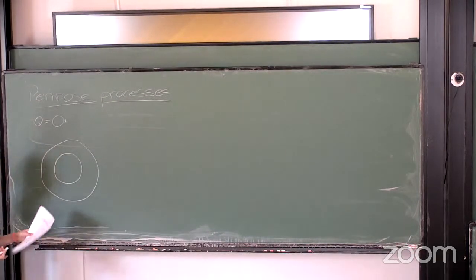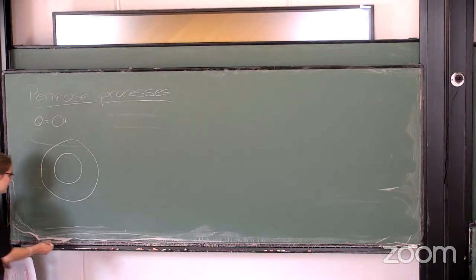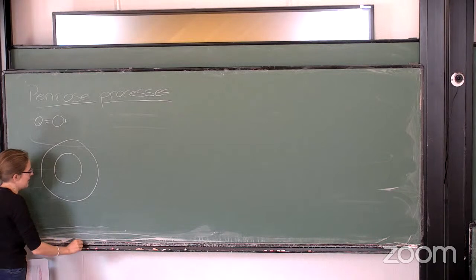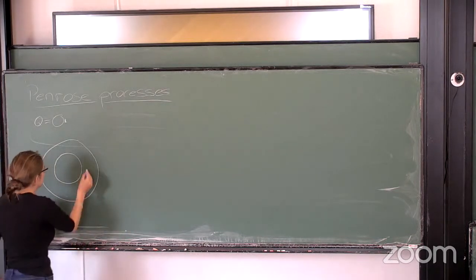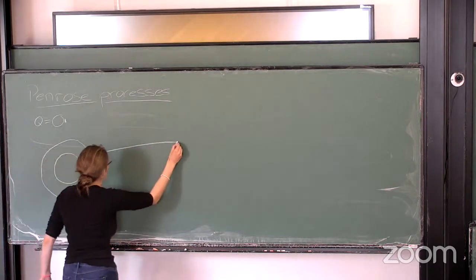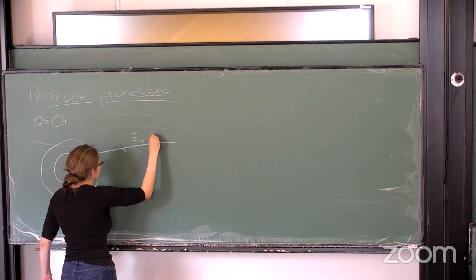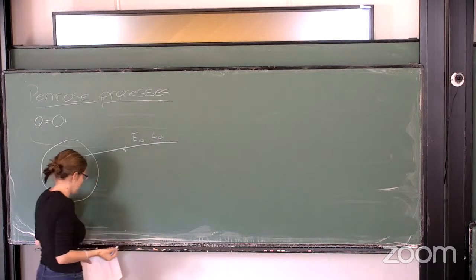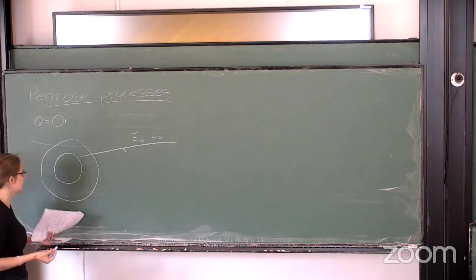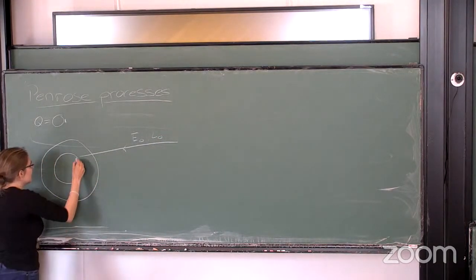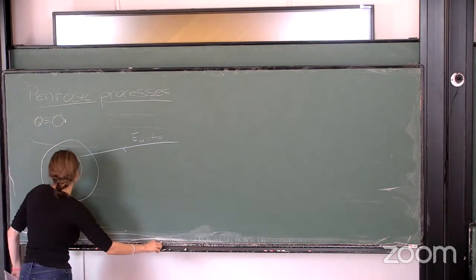And in one of these Penrose processes, we have an incoming particle which comes in from infinity with energy E0 and angular momentum L0, which then in the ergosphere splits into 2.